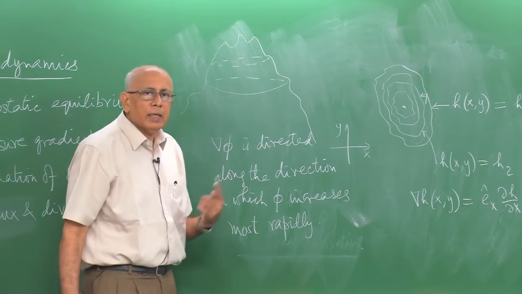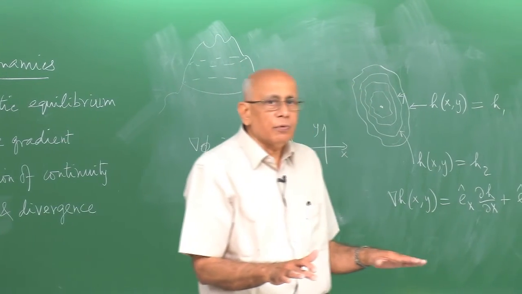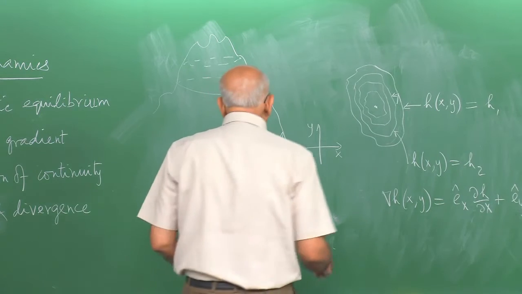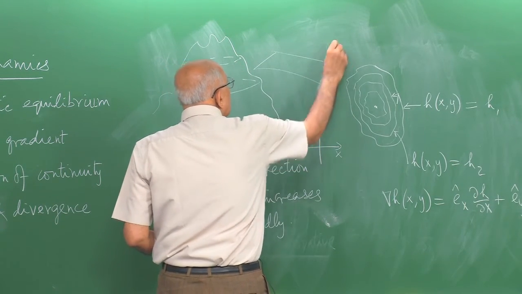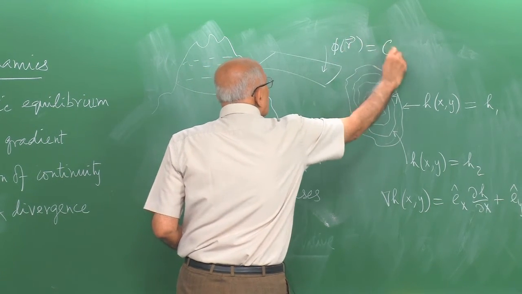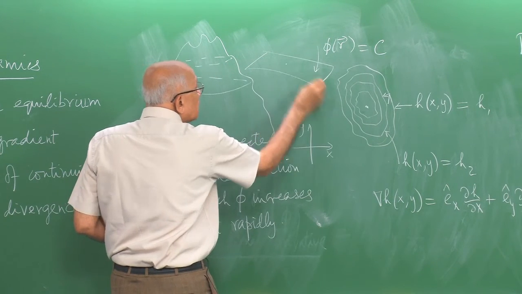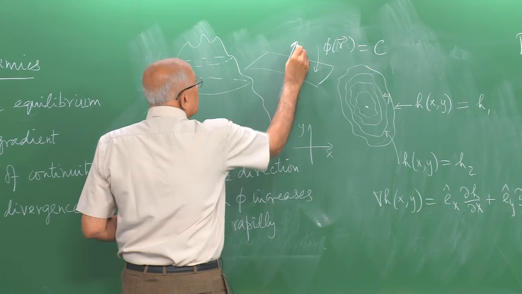So that is the geometrical meaning of a gradient, that the level surfaces of a function in 3 dimensions, for instance, would be some surface phi of x, y, z, phi of r equal to constant, then along this surface phi does not change at all and the gradient points normal to the surface.